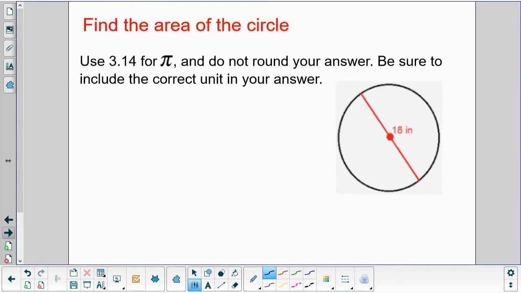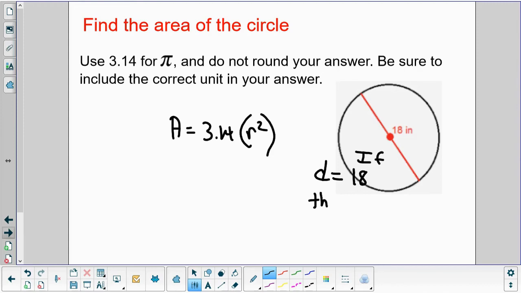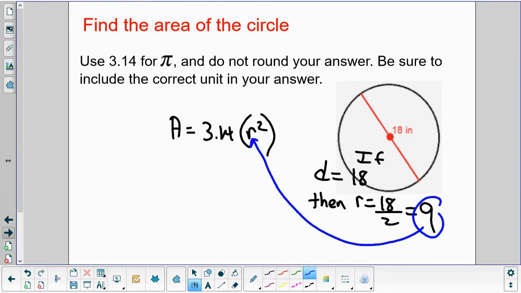So in the next one, 3.14 for pi. Do not round your answer, but be sure to include the correct unit in your answer. So again, we're trying to find the area. But they gave us a diameter, so we need to divide it by 2, and then we can get our radius. So 18 divided by 2 equals 9, and that will be the number that we put into the problem. So 3.14 times 9 squared, or 3.14 times 81.